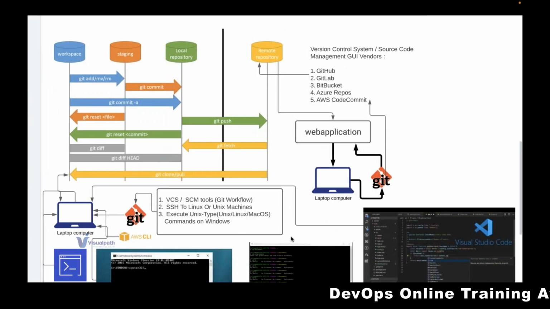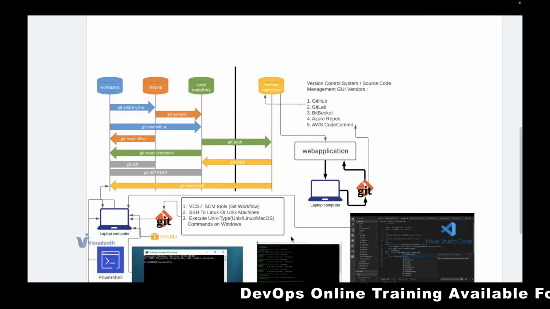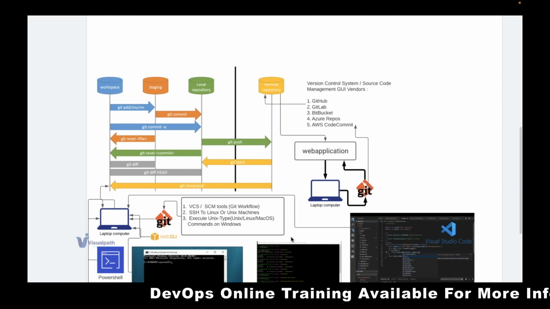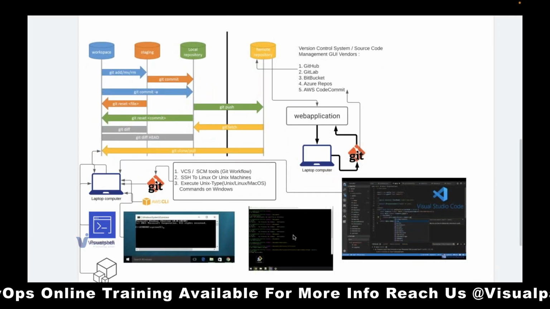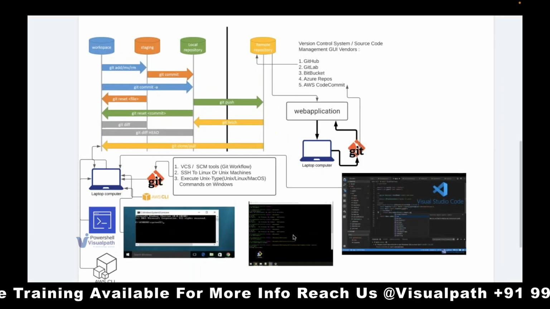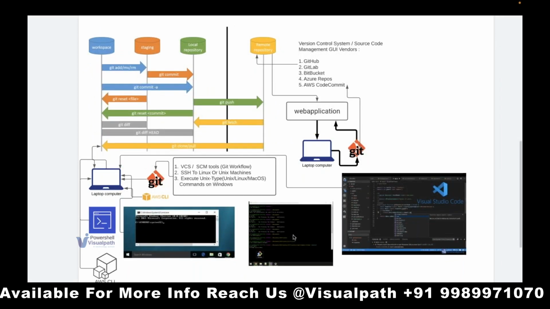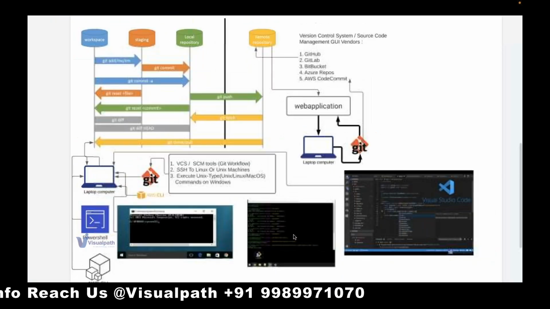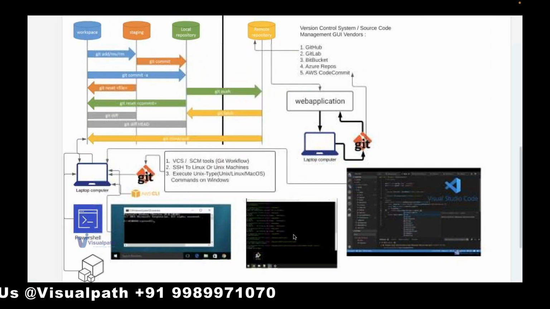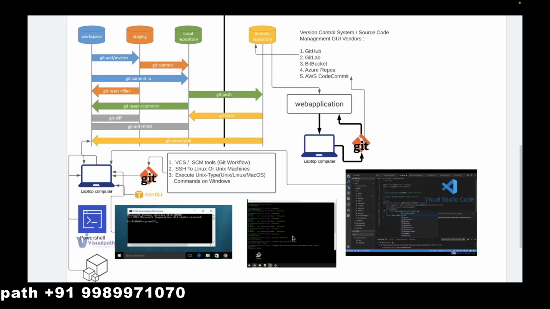Ubuntu will not be installed, it will be downloaded. Ubuntu is an ISO file, an operating system file that needs to be installed on top of VirtualBox. We will discuss those steps in our upcoming sessions. Apart from that, any other questions, anybody?